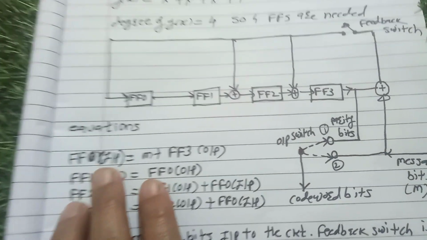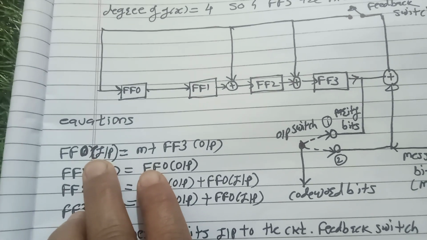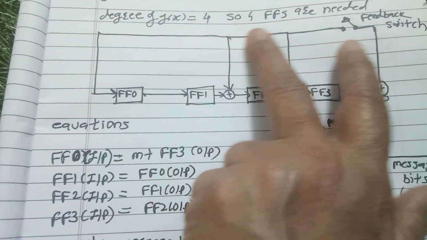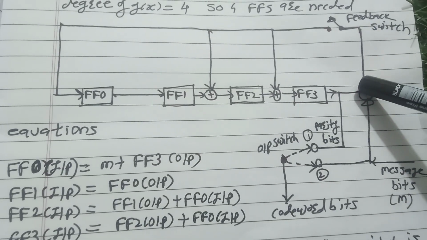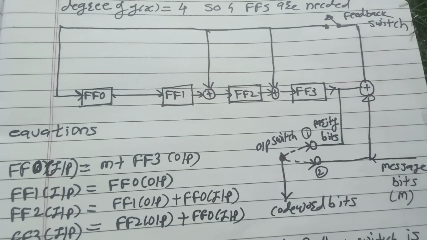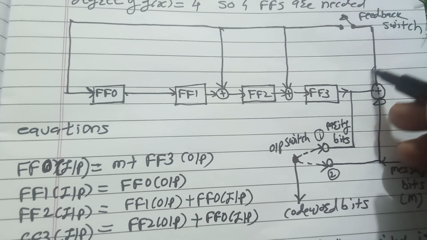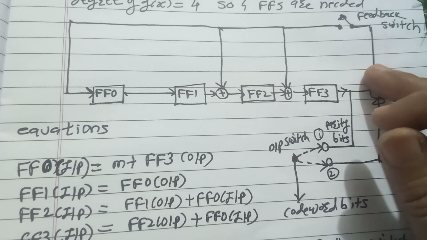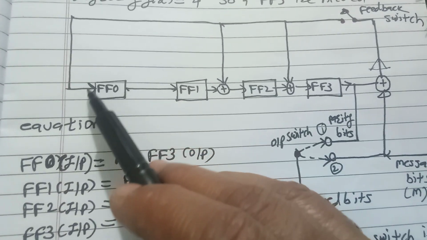Now see, this is the input to the flip-flop 0. This line is coming here, here and here.